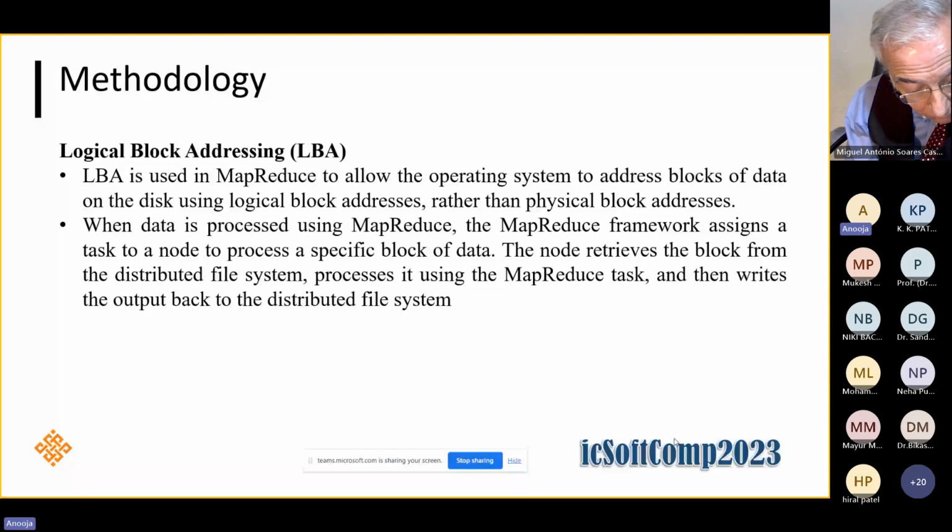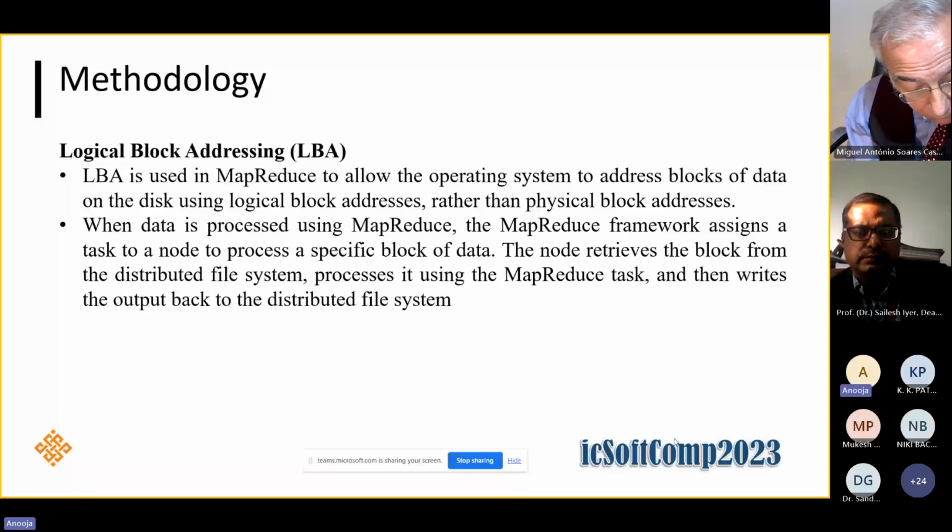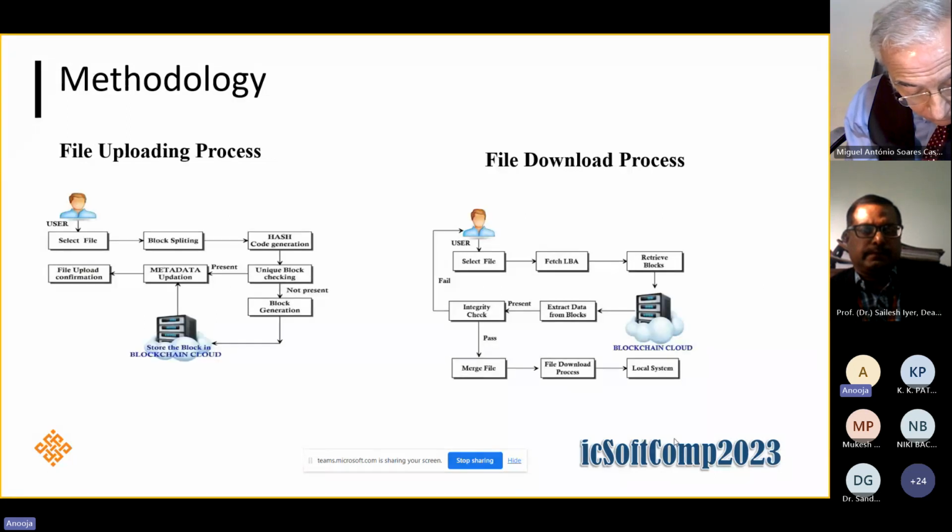Whenever we divide the data into multiple segments, each of these blocks will be assigned a logical block address, and these addresses will be used for file uploading and file downloading. The diagram represents the file uploading process. The user will select the file, the blocks are divided, each of these is a logical block, and each block is assigned a logical address.